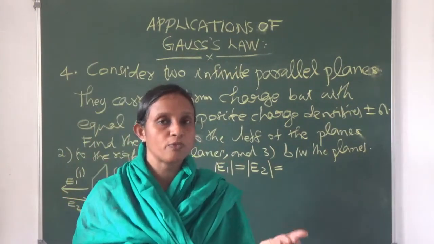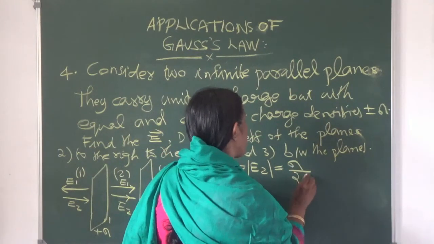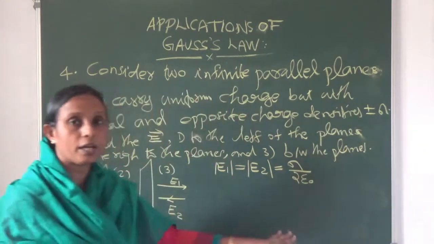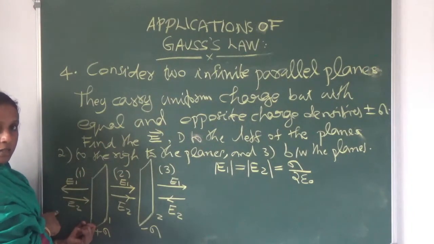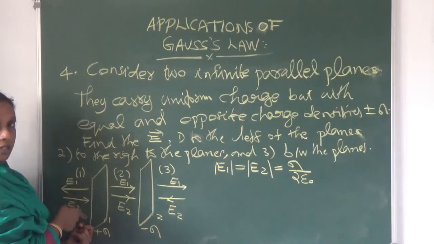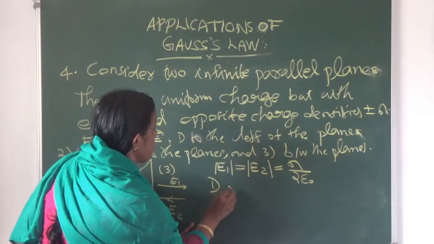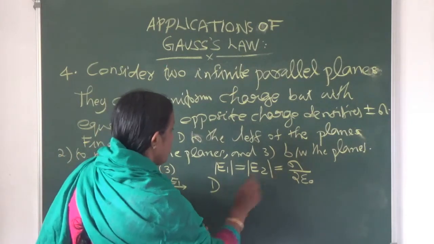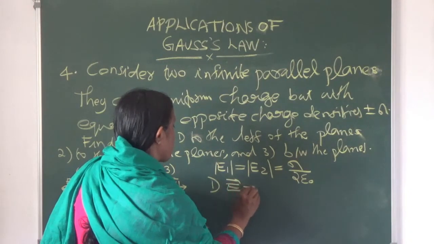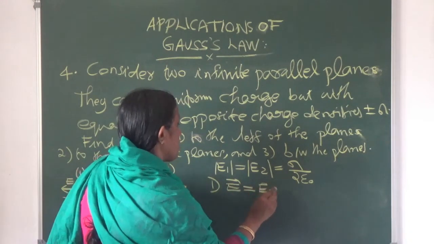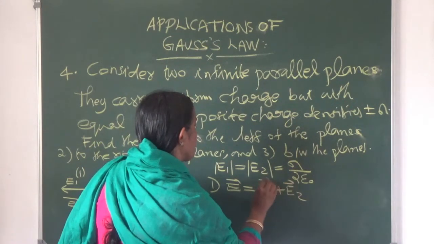In the previous problem we already found that this is equal to sigma by 2 epsilon 0. Now for region 1, both E1 and E2 are equal and opposite. So for region 1, this cancels out and the electric field is E1 plus E2 equal to 0.